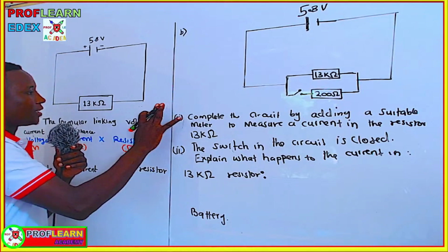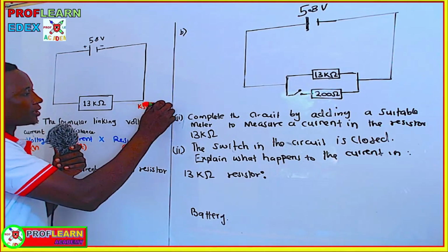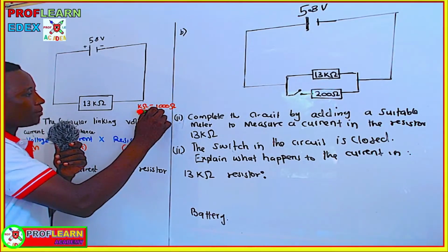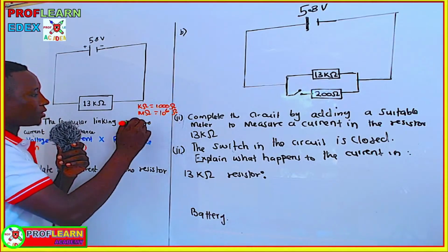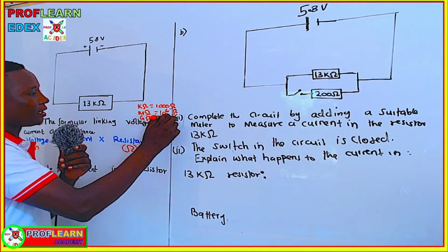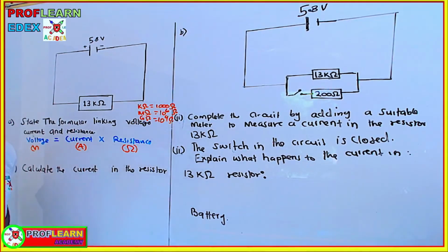If you are given kilo ohms it means 1,000 ohms. If you are given mega ohms it means 10 raised to power 6 ohms. If you are given giga ohms, it means 10 raised to power 9 ohms. So these are some of the things that you need to be very, very careful with.